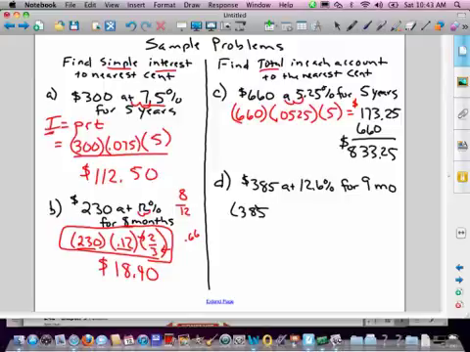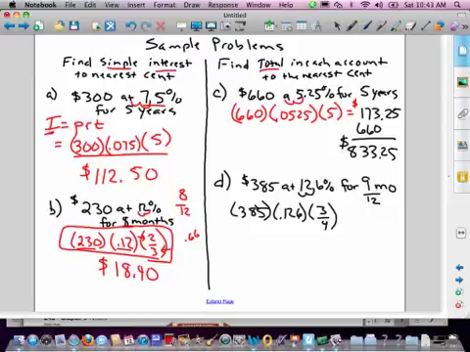Okay. On D, what we're going to do is take our 385 times my interest rate, 0.0926, 9 months, and I've got to turn that into a fraction here, so we're going to say 3/4. That's 3/4 of a year. And if I calculate that out, so it's 385 times 0.0926, and then I'm going to do what I told you before.